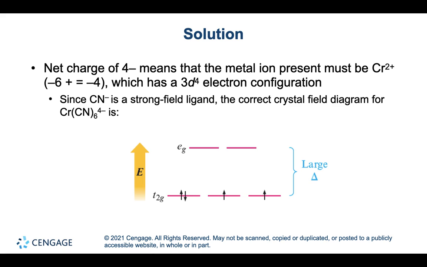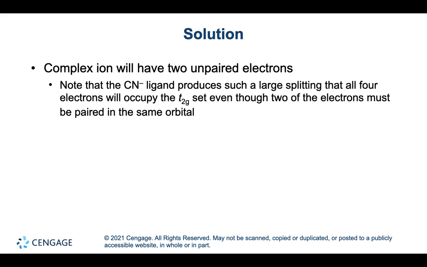So it's going to act like the s and the p. The s fills up before the p starts. So with 4 electrons, you're going to have 2 electrons paired and 2 individual. So you're going to have some paramagnetism because of the unpaired electrons in the t2g. With 2 unpaired electrons, we have the strong field case where the cyanide ligand forming the large splitting results in some paramagnetism.